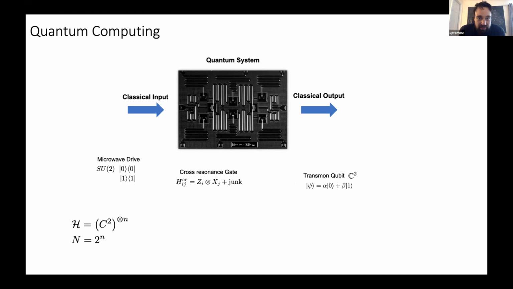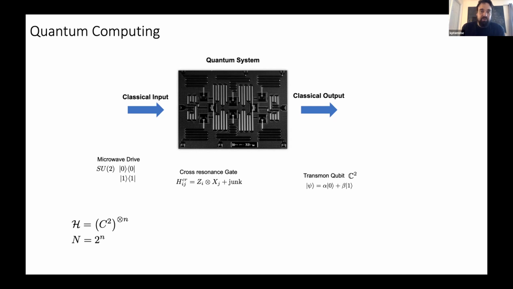This is actually a 7-qubit quantum chip, a very noisy one, a very small one. What you can see there are these little rectangles. They're essentially transmon qubits, and you can think of them as effectively spins, having a Hilbert space of C^2. They couple to each other through some interaction, in our case a cross-resonance gate.